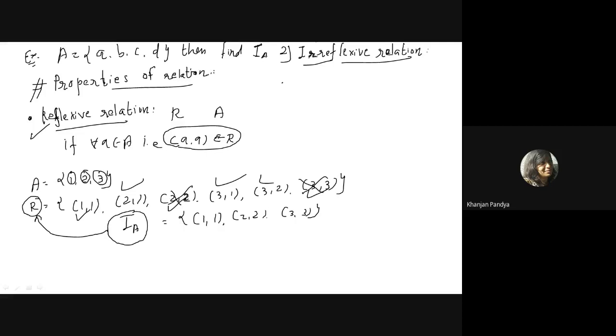Yes, anyone? If (a, a) is not there, if I'm having all the members without (a, a), that is (1,1), (2,2), and (3,3) are not appearing in the relation, and all other pairs are appearing, then it is called irreflexive relation.